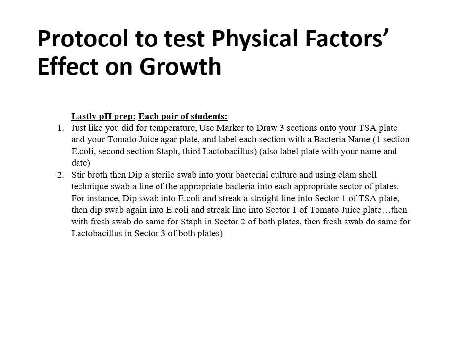So the tomato juice plate represents acidic pH, and you look to see which bacteria grow happily on the TSA plate versus which ones grow on the tomato juice agar plate. And if you see any of the bacteria grows on one versus the other, that tells you an important thing about the pH that that bacteria requires or thrives at.